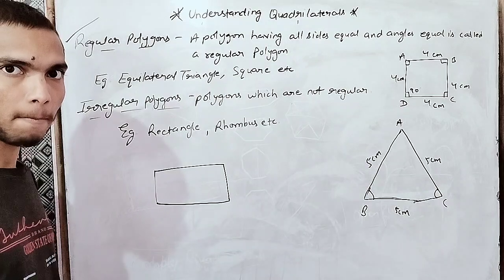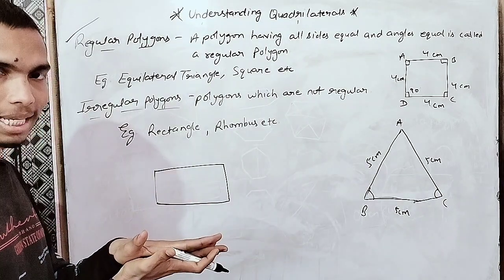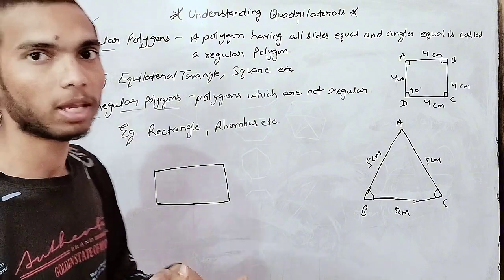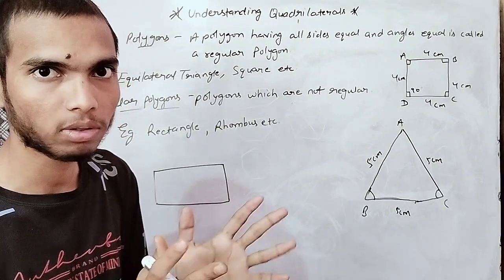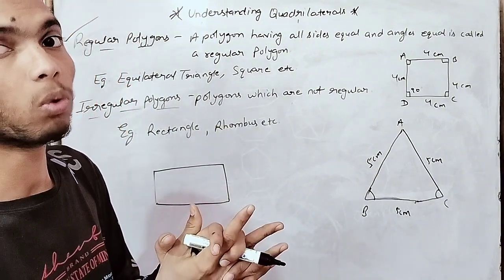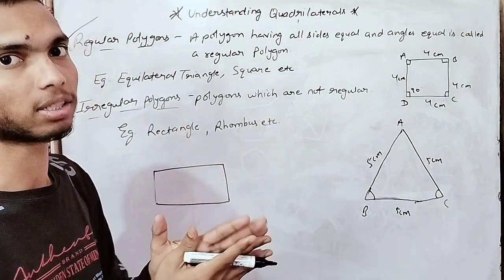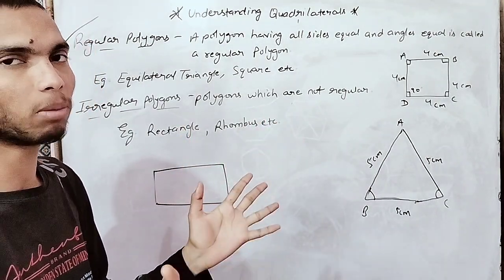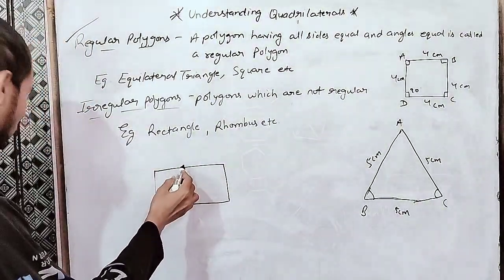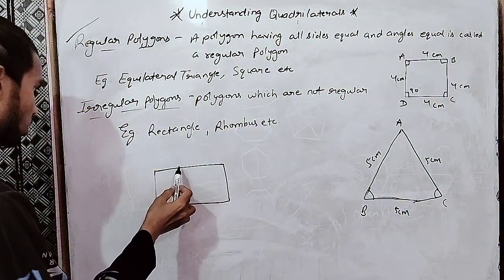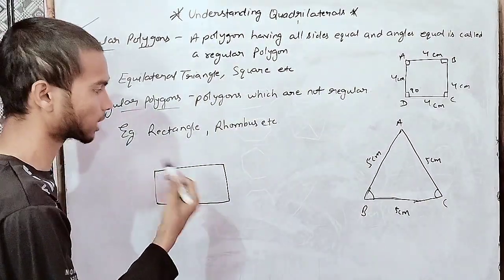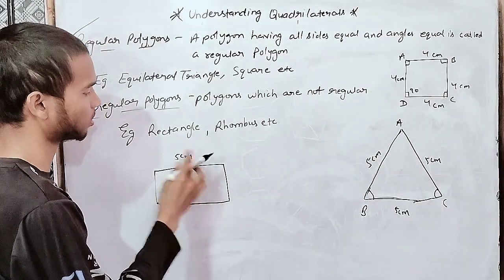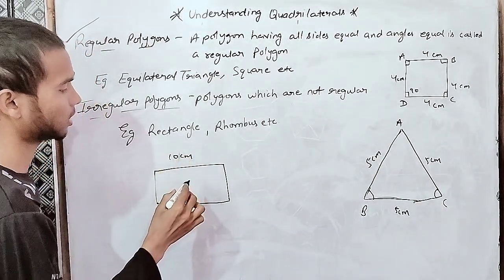But in this case, one parallel line will be equal to each other, and the second parallel line will be equal to each other. The rectangle diagram says that the measure of this side is 5 centimeter. No, 10 centimeter.